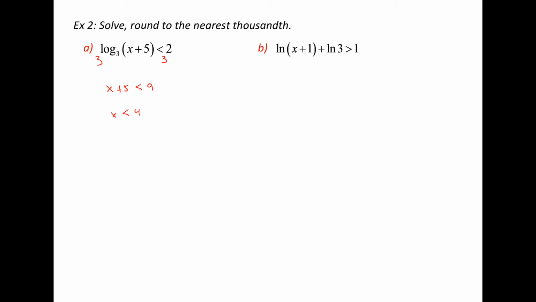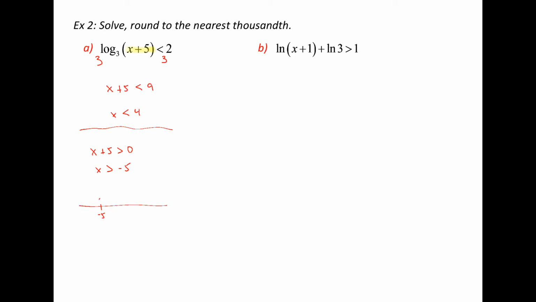Now here's the thing. Remember that the logarithm, this value right here, must be greater than 0. So we also have to include that as part of our solving. So we need to know that x plus 5 is greater than 0, which means x is greater than negative 5. So not all values less than 4 will be solutions.